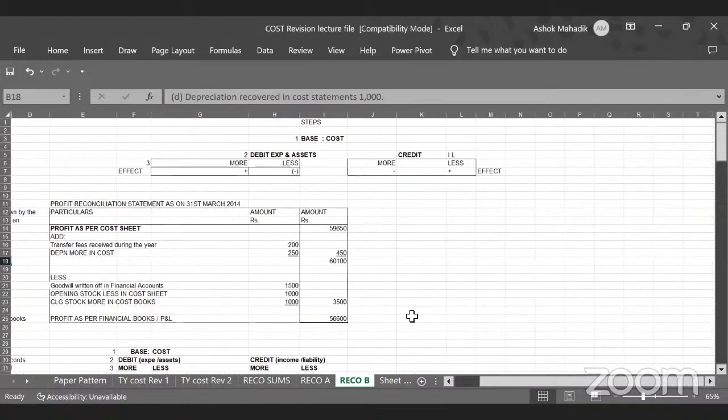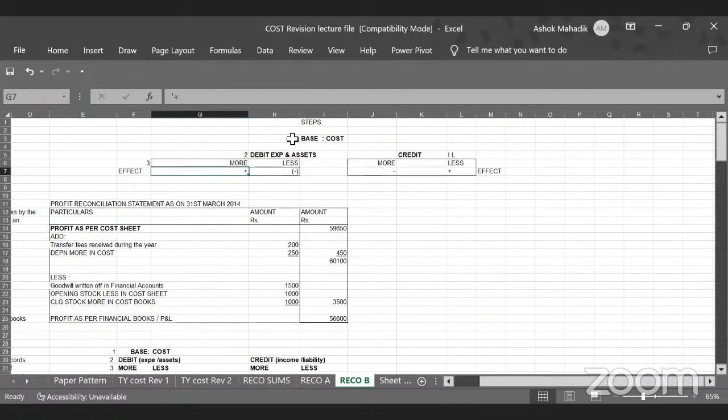So I'll take you to the top. Look here. First, decide the base. Second, decide whether it's a debit item or a credit item. If it is more, then this is fixed. Once you get the paper, before solving, make this format: debit, credit, and more, less under debit, more, less under credit.